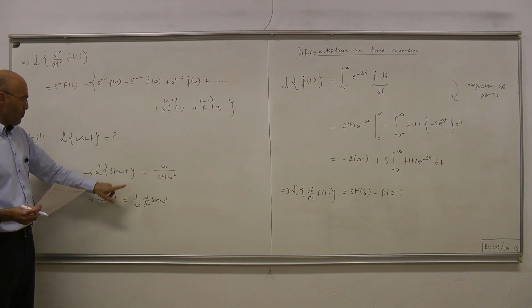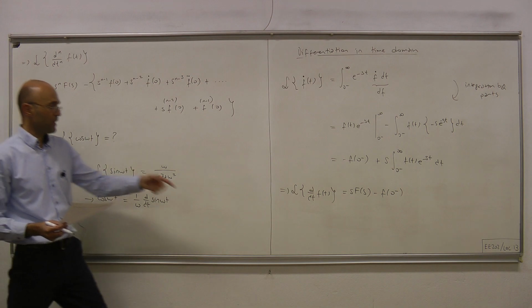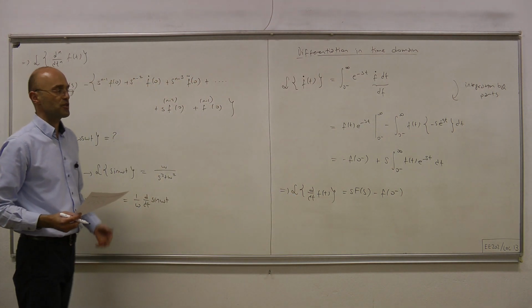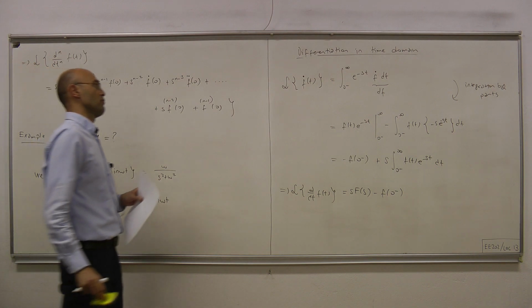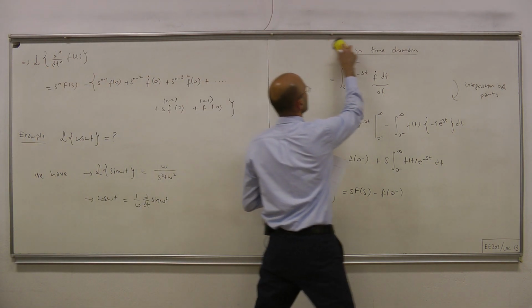Now combining these two pieces plus this property that we have just figured out, we will now write down the Laplace transform of cosine omega t.